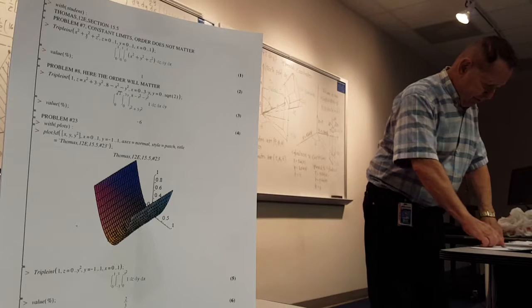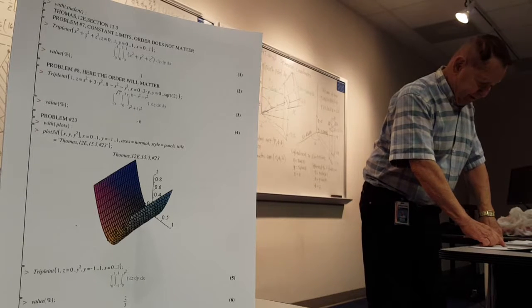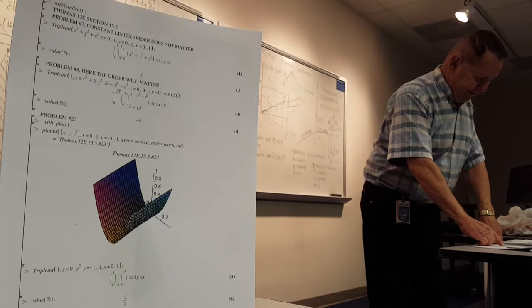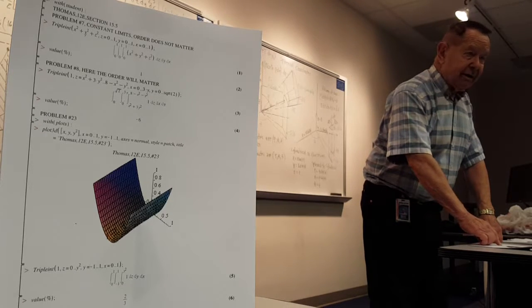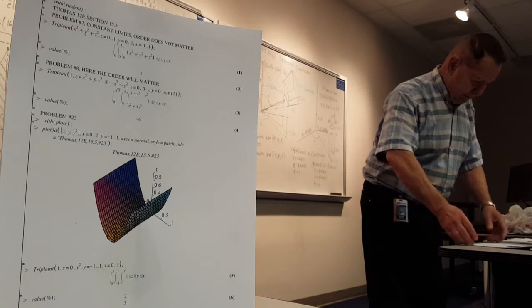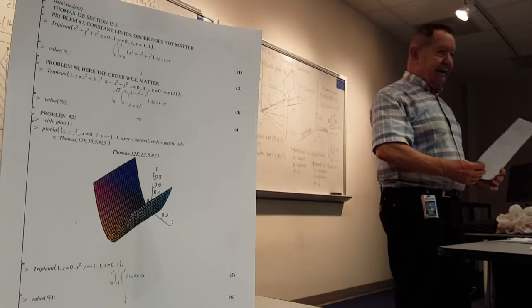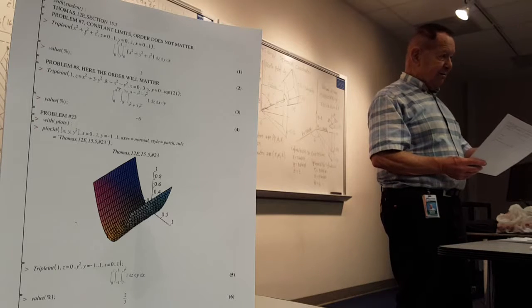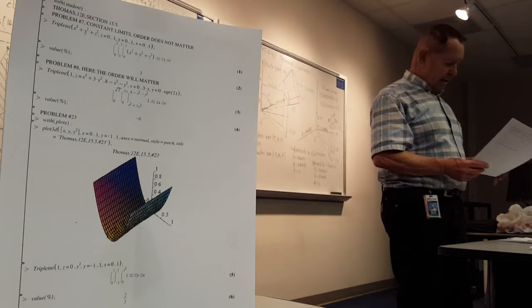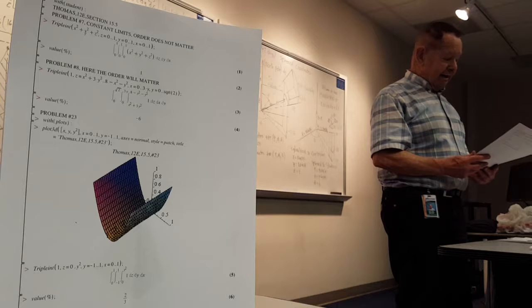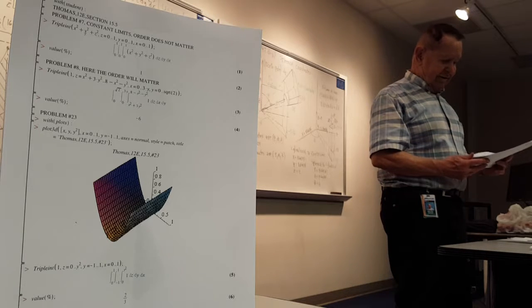So I type triple int 1 because it's a volume problem, and then I go z first, 0 to y squared, and then I did the projection with the constant limits. Rather than going 0 to 1 on y and doubling by symmetry, I went -1 to 1. And then finally the x is 0 to 1. So you see that's the setup, and then the value is 2/3.